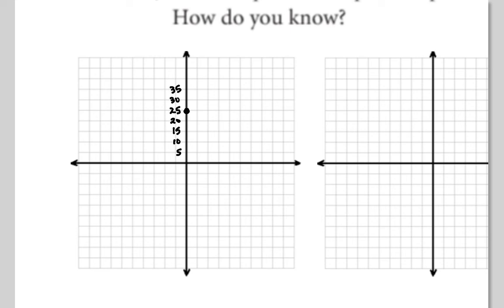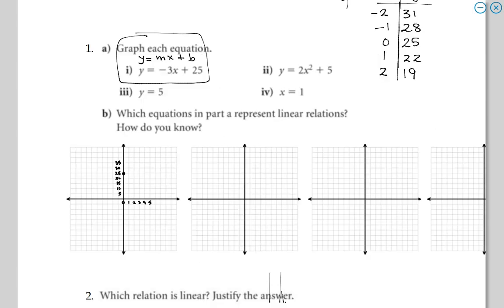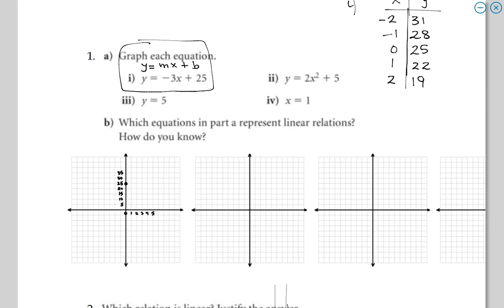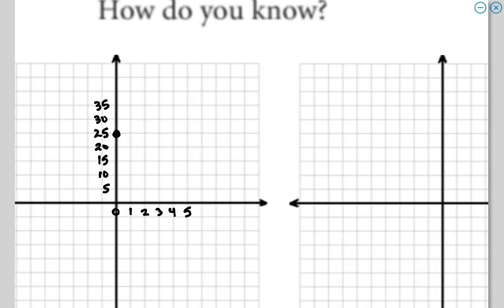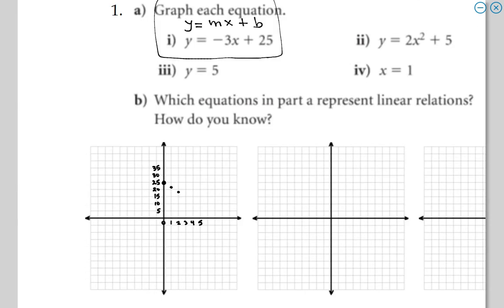And we can go horizontally, 0, 1, 2, 3, 4, 5, like this. When x is 1, what is it? 22? Somewhere here. What about when x is 2? 19? So you've got a few points there.